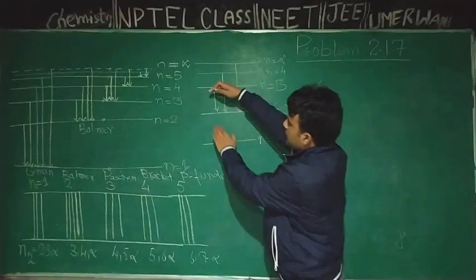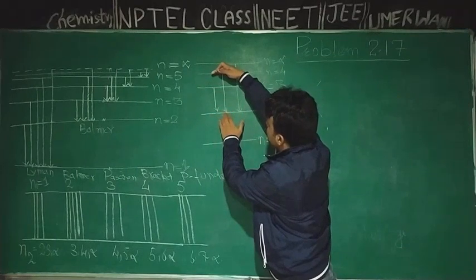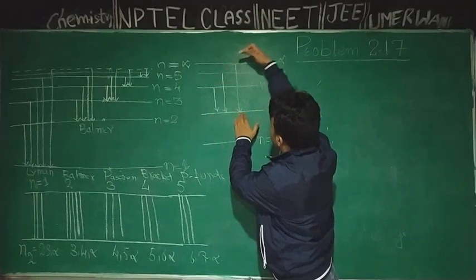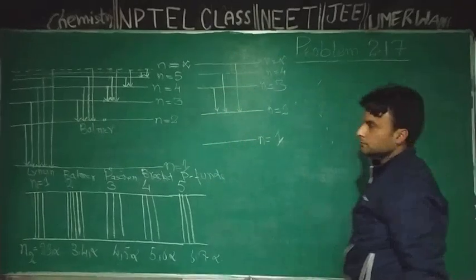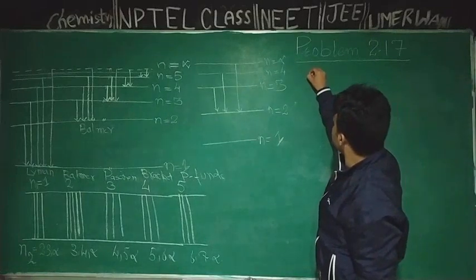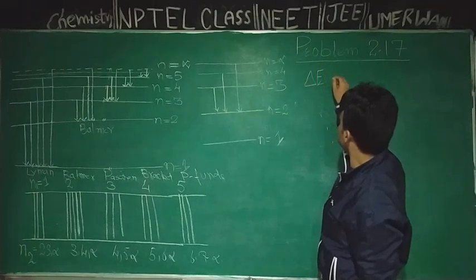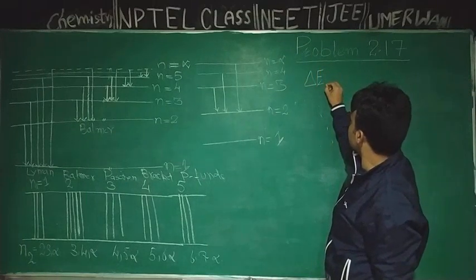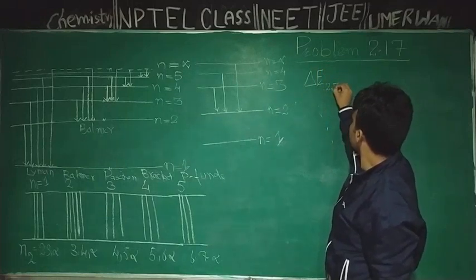Now this is the transition energy for the first line, this is the transition energy for the second line, and this is the transition energy for the third line or series limit. I will write the transition energy delta E for the first line: lower energy level is 2, higher energy level is 3.